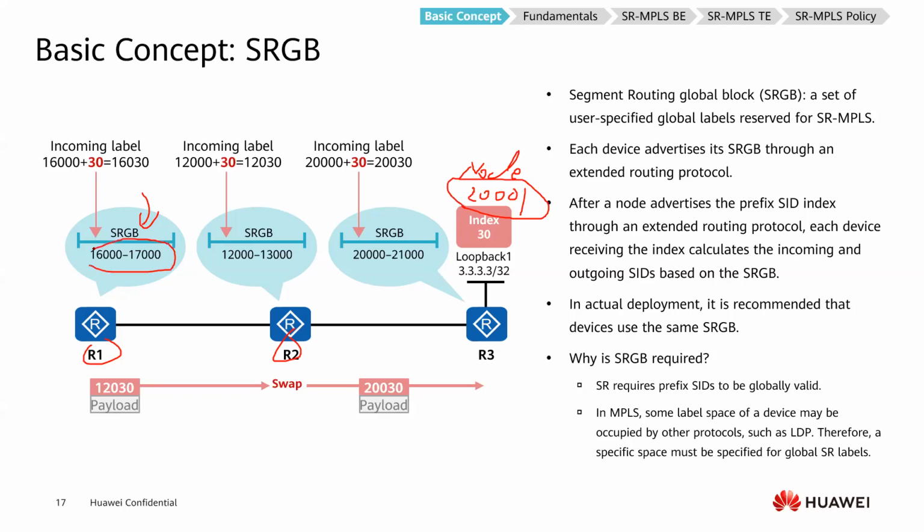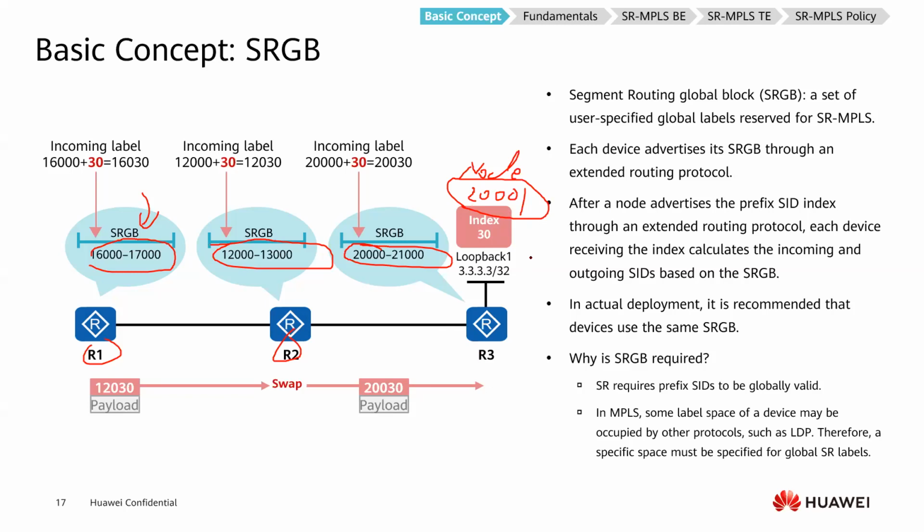The SRGB range in R1 is here. The range for the SRGB in R2 is like this. But in R3, the SRGB range is like this. There's no coverage for each other. It's not overlapped.